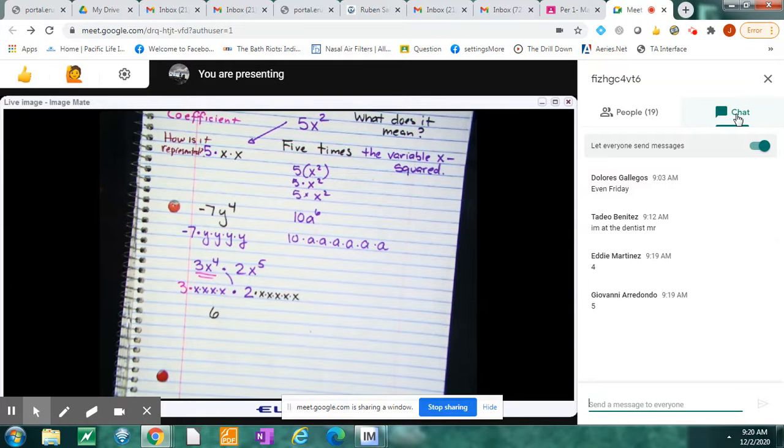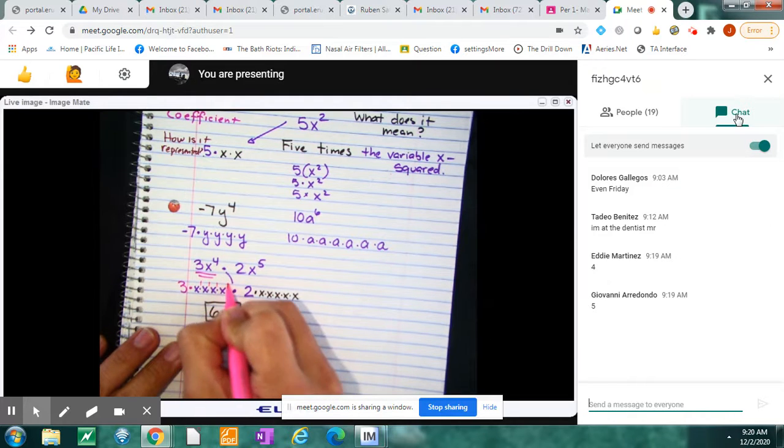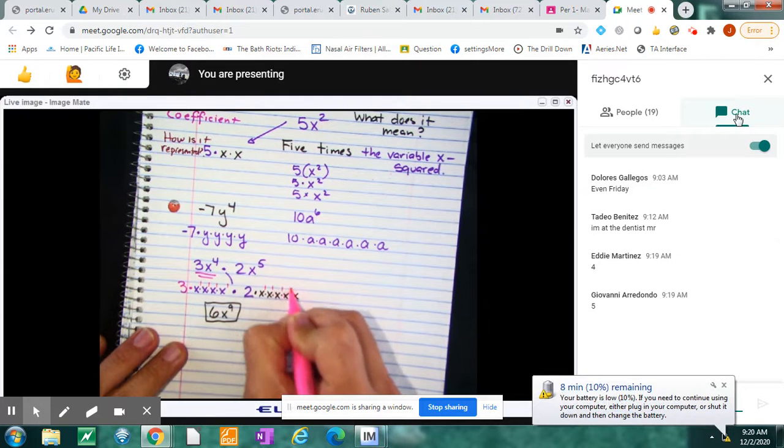Count them. x to the power of 9. And that's it. Do you have to do this whole long thing? No, but I'm explaining why it is what it is, because all the x's have an invisible 1.